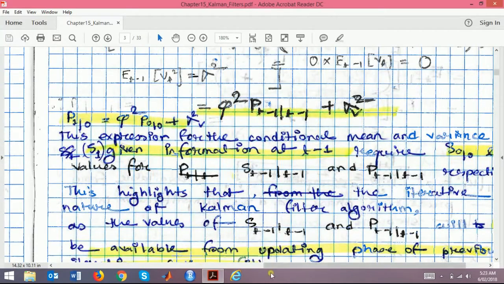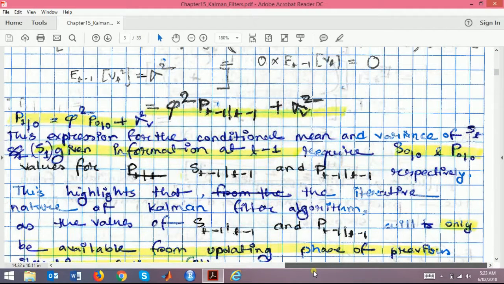Thus, we have the expression for the conditional mean and variance of St given information at time t minus 1. We need the values of S0|0 and P0|0 to represent the conditional mean and conditional variance of the latent factor. Conditional variance is P1|0, conditional mean is S1|0, but we must have S0|0 and P0|0 at hand.